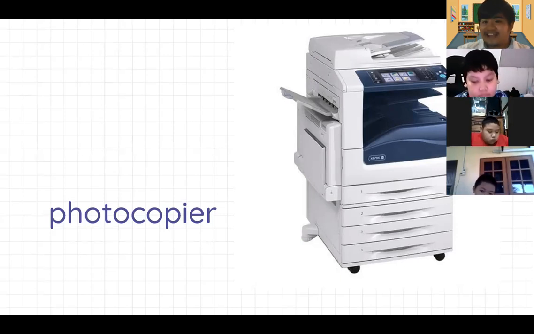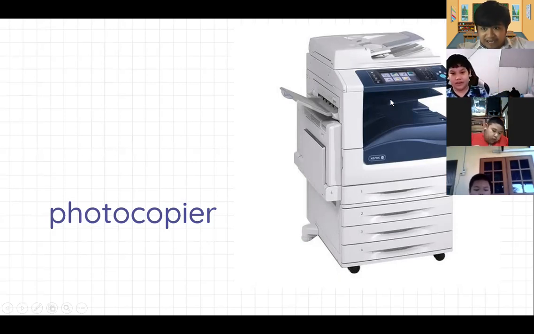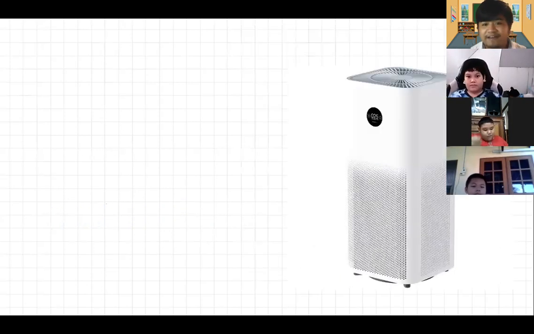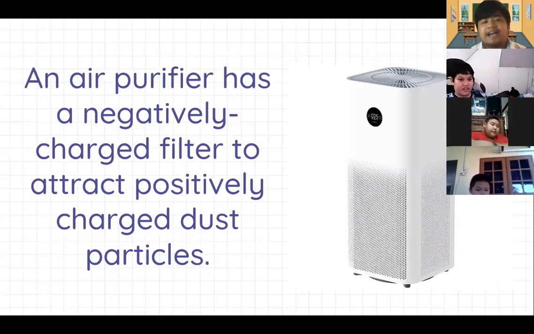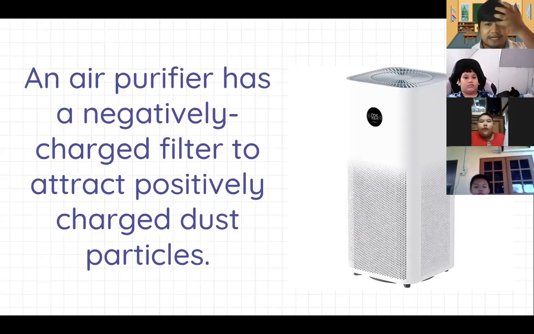When you finish printing, and then you hold the paper and put it near your hair, it will attract some of your hair. And the last one we have, do you know this? Air purifier. An air purifier has a negatively charged filter to attract positively charged dust particles. So that's how it works.